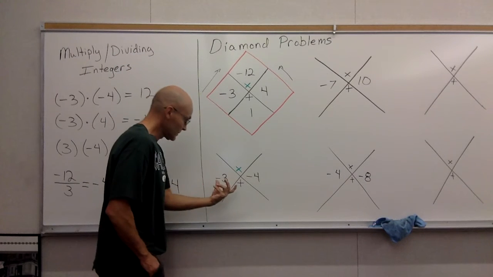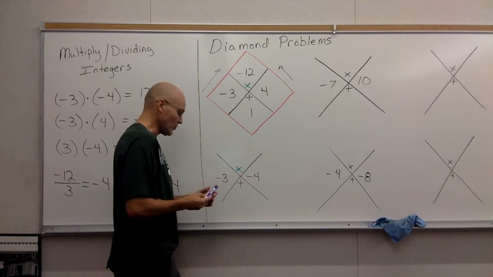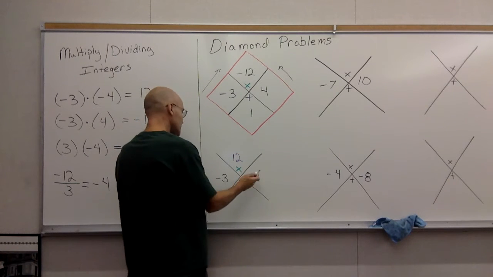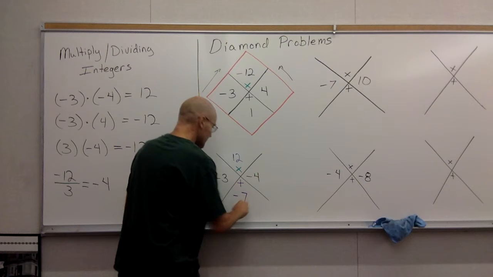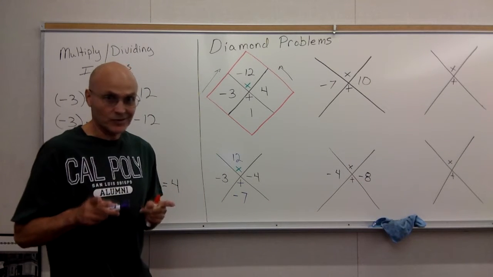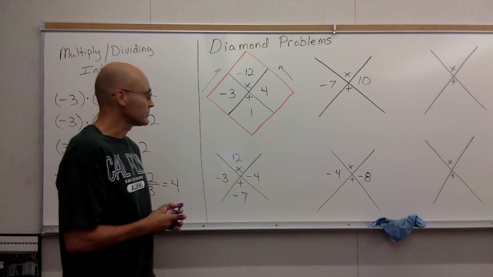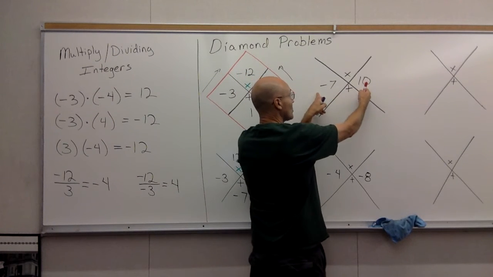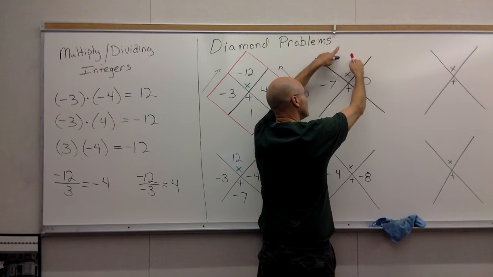So here I got negative 3 times negative 4, which is 12, and negative 3 plus negative 4, which is negative 7. And I'm not going to show you on the calculator. Please get your own calculator and see that you got it right. All right, now here we got two different numbers. We want to multiply them and put them in this part.